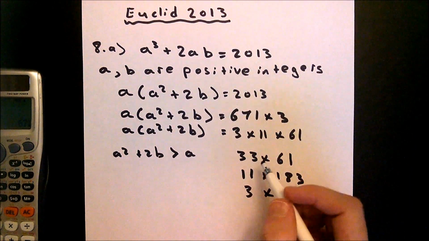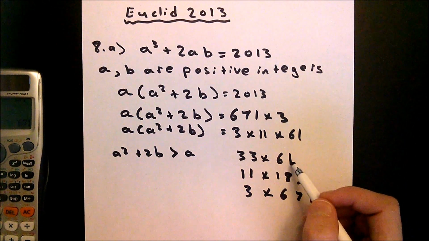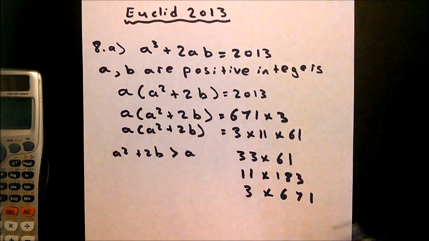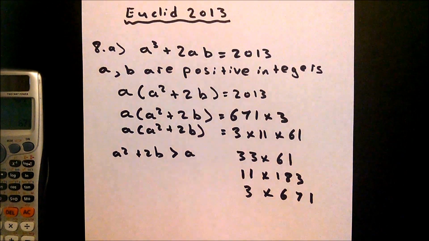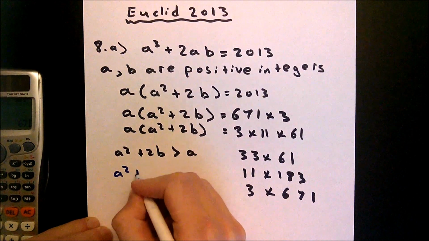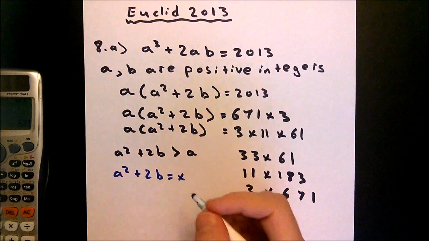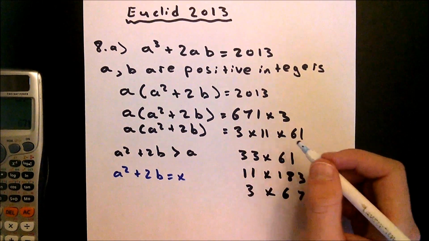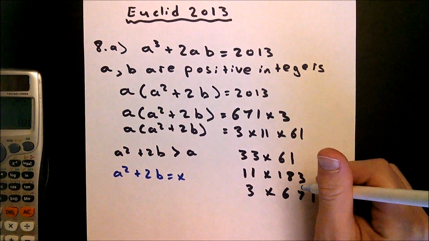Okay, so for the first one, let's suppose that a equals 33, and let's solve for b. We're basically trying to solve the equation a squared plus 2b equals x, where x is going to be the higher number on the left-hand side.